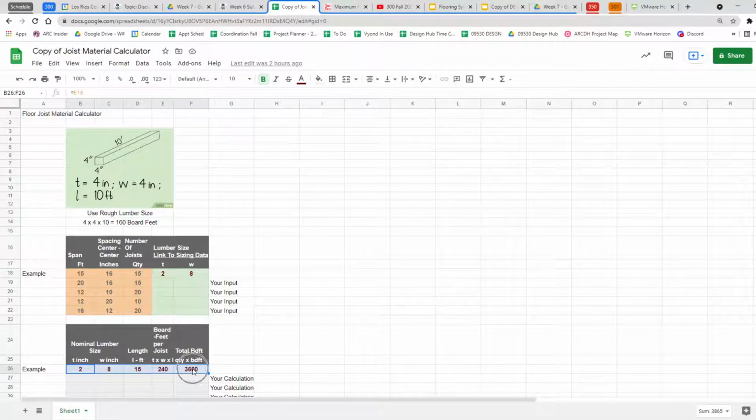And so I've done that calculation for you down here. Okay, that's inches times feet. That's how many board feet. And then your total is that times how many joists you're going to use. I'll go over that one with you.